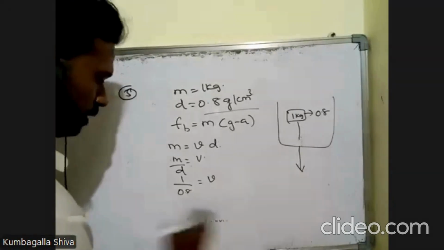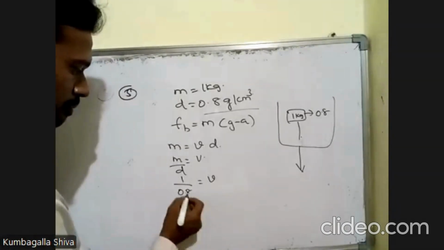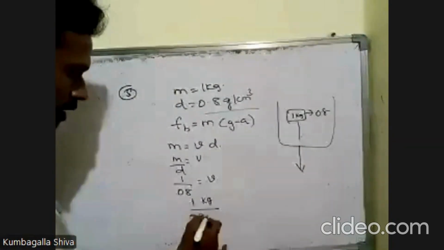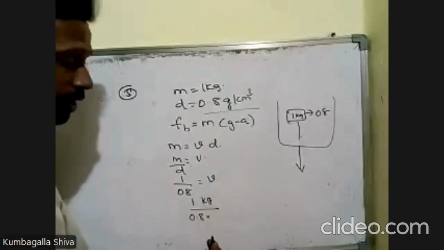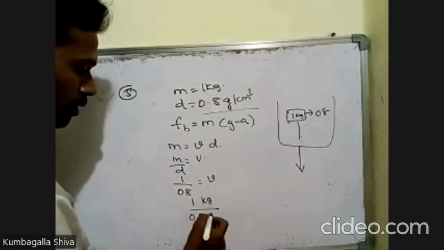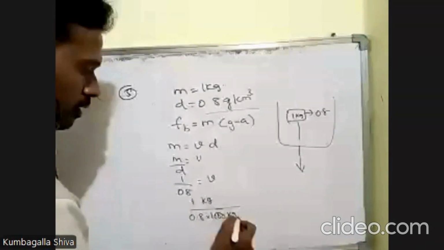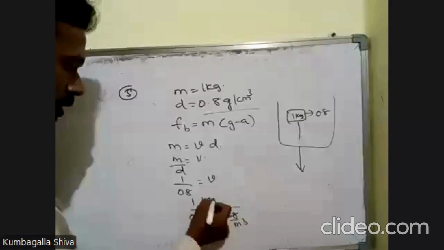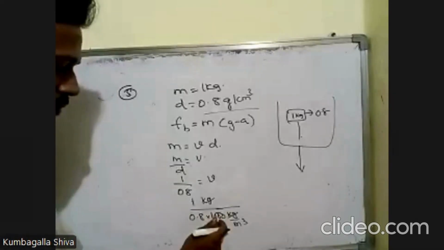Sorry, 1 by 0.8 is 1.25, but I'm writing the units. 1 kg, 0.8 gram per centimeter cube means gram per centimeter cube to be converted into kilogram per meter cube. You can convert it into 800 kilogram per meter cube. Kg gets cancelled.